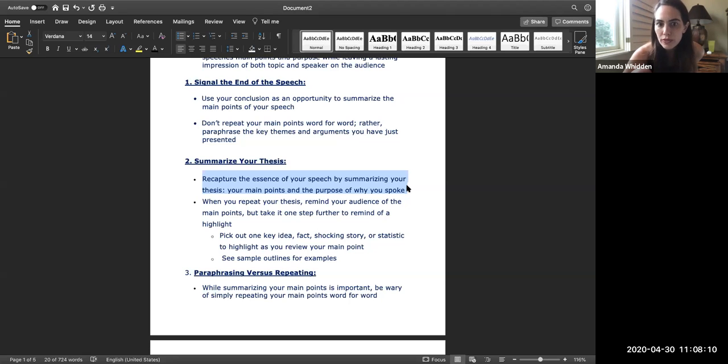If we were thinking about something, it says see the sample, but I'm going to go ahead and give you one. So if I was speaking about climate change, and I would draw to a close: today I was able to provide you with information about how climate change is impacting low-income individuals.